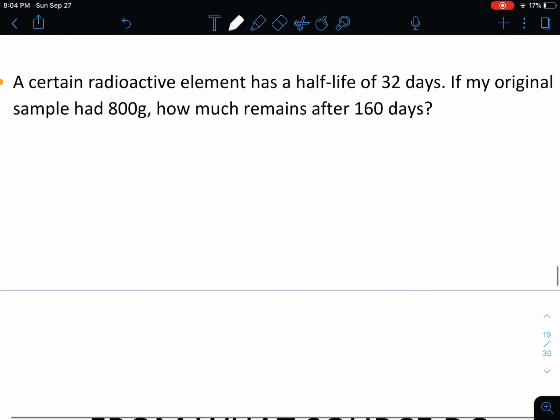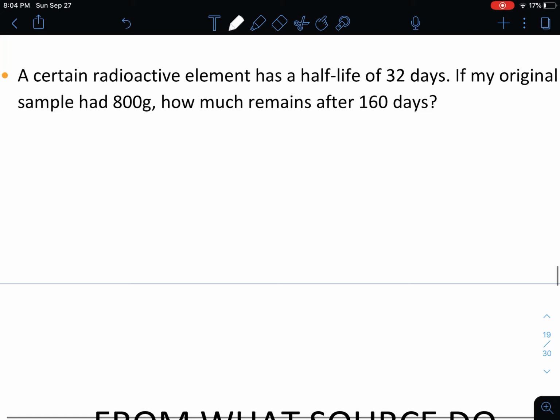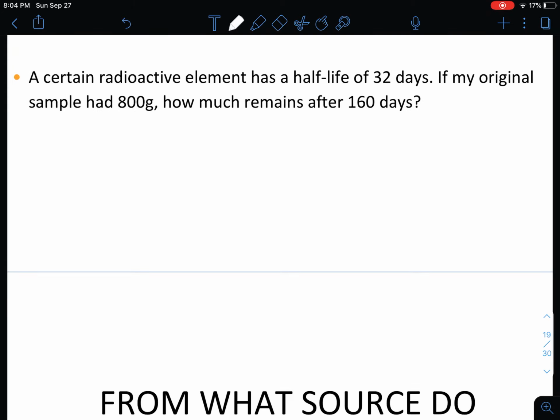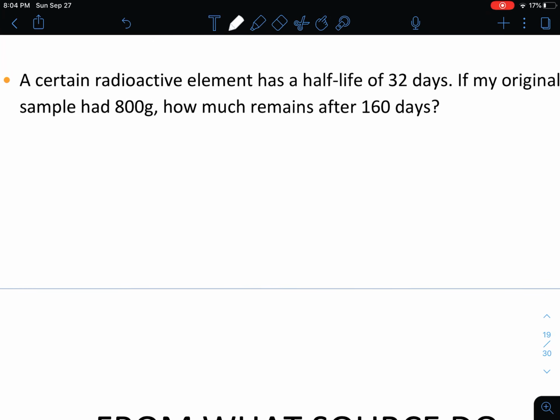Here's another example. A certain radioactive element has a half-life of 32 days. If my original sample had 800 grams, how much would remain after 160 days? Things to take into consideration: the time per half-life is 32 days. So I'd say, okay, 160 days divided by 32 days, I have 5 half-lives.